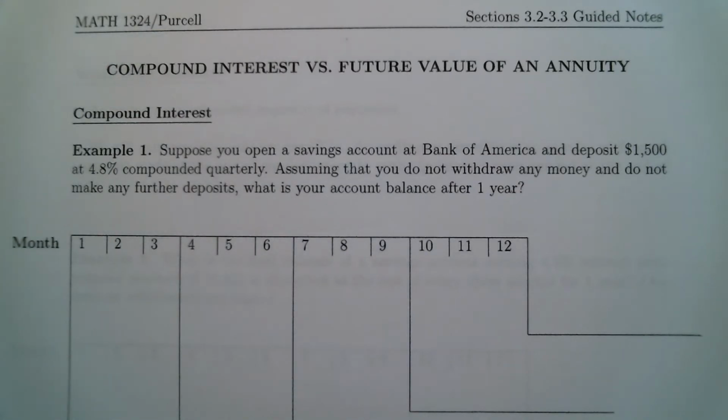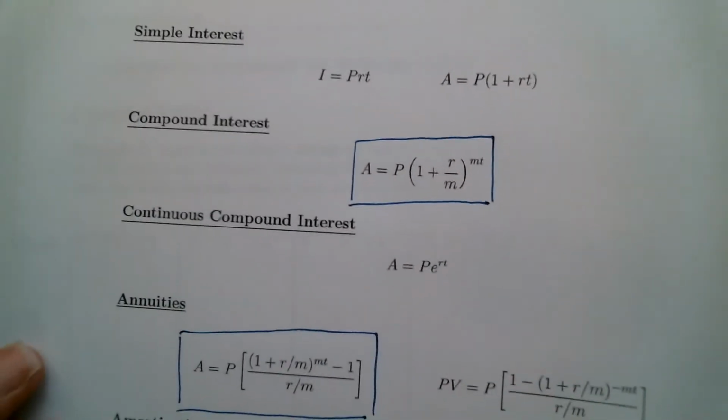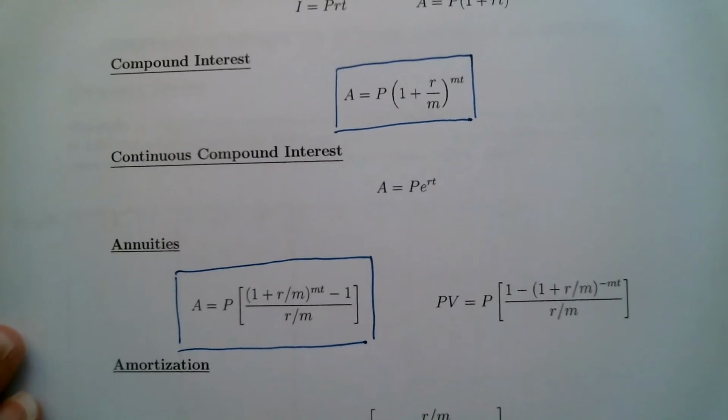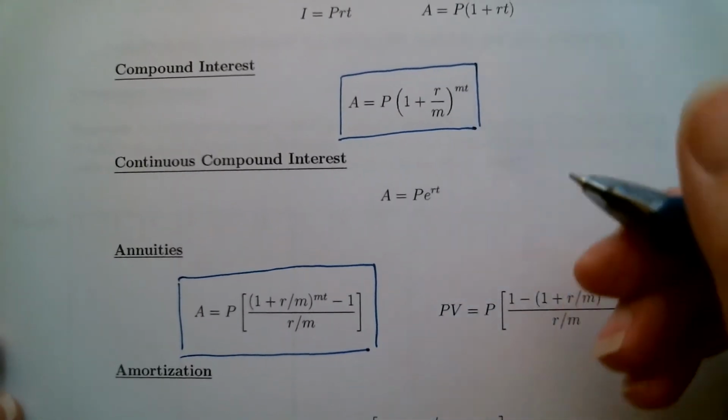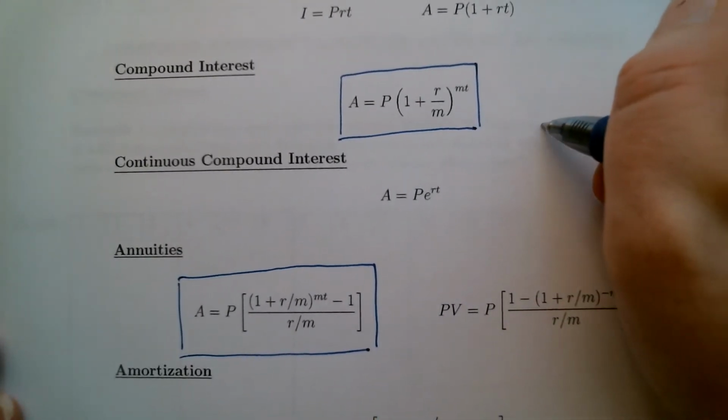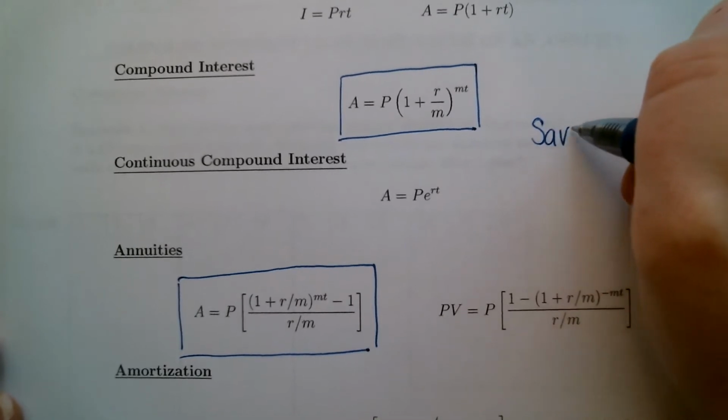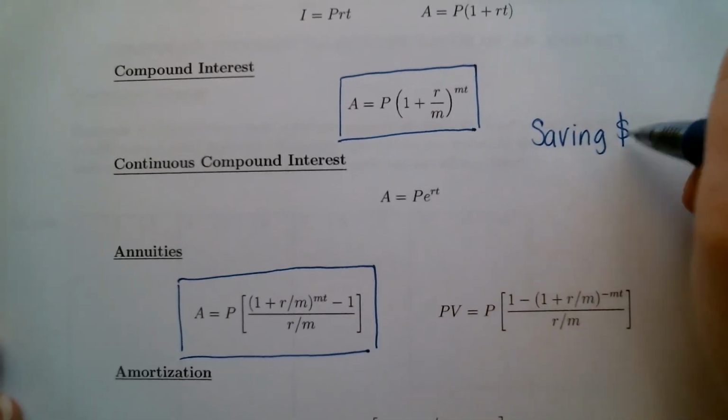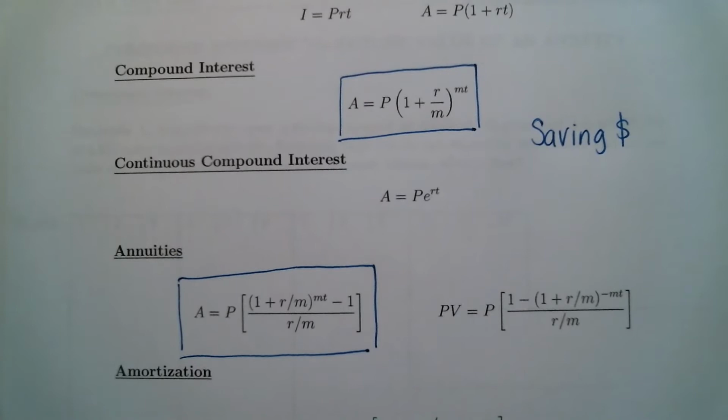In a nutshell, these two formulas for compound interest and the one for the future value of an annuity, you are going to use these when you are saving money. In both cases, you are saving money. The big difference is how you save the money.